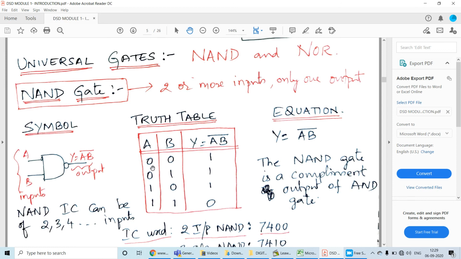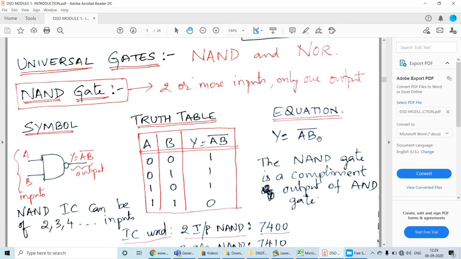For any input 0, the output remains 1. When both are 1, the output remains 0. That is the truth table of the NAND gate, just a complement of the AND gate truth table. The expression for the NAND gate is just a bar of the AND gate. For AND gate we got AB, for NAND gate we get AB bar.